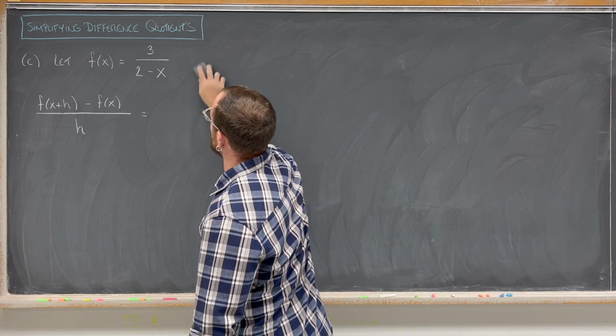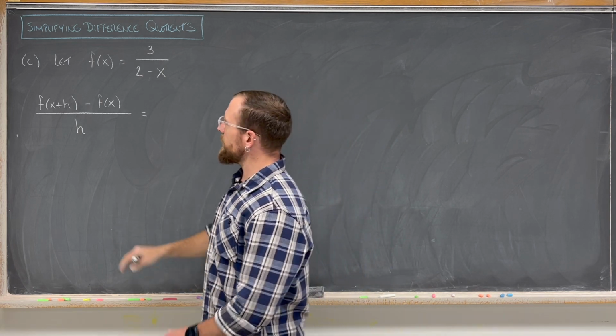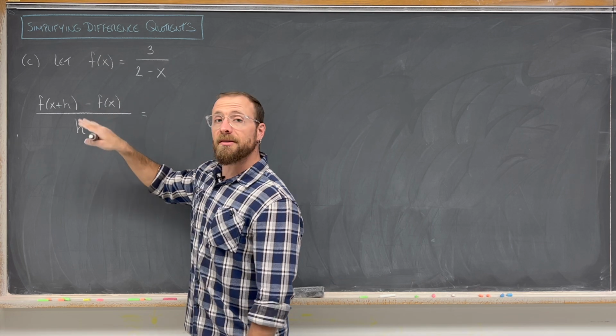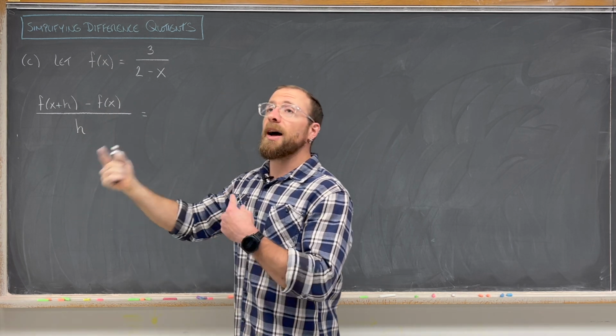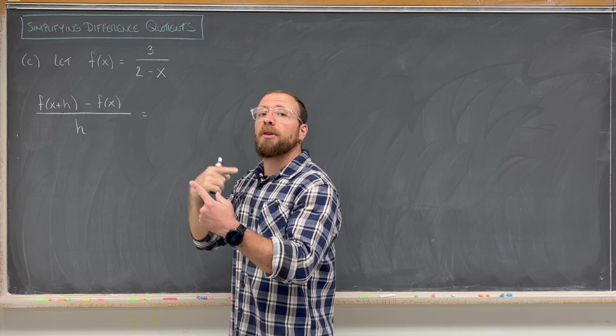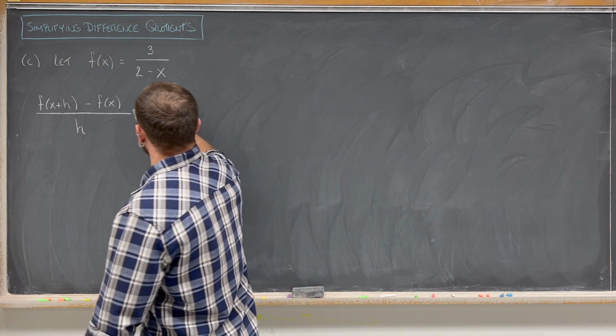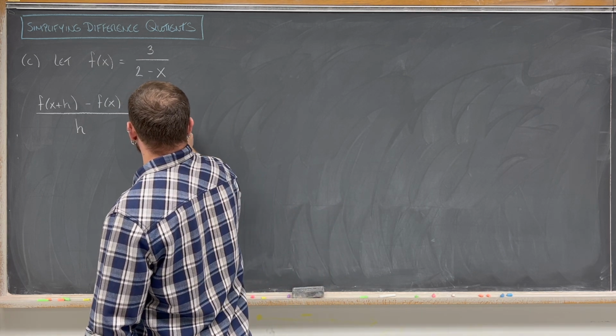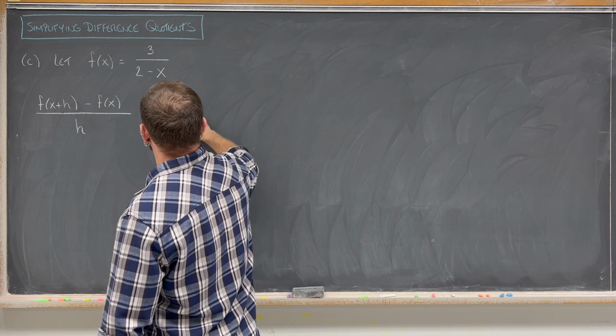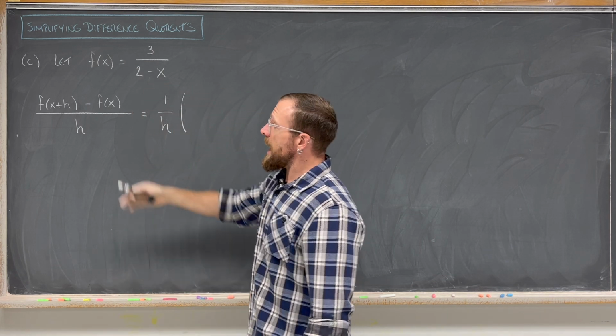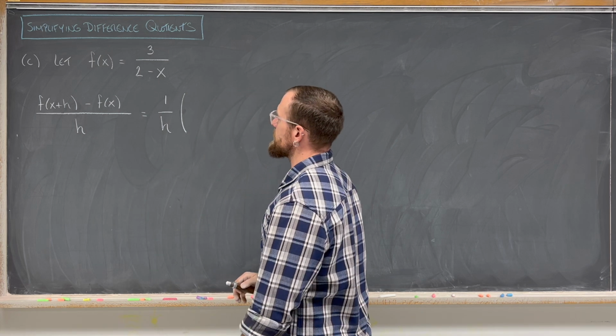So instead of setting it up like that, let me just acknowledge that ultimately we're going to have this minus this, and it's going to be divided by h. Now, to divide by h is the same as to multiply by 1 over h. So I'm going to write this out like this. I'm going to say this is 1 over h times f of x plus h minus f of x. Okay?